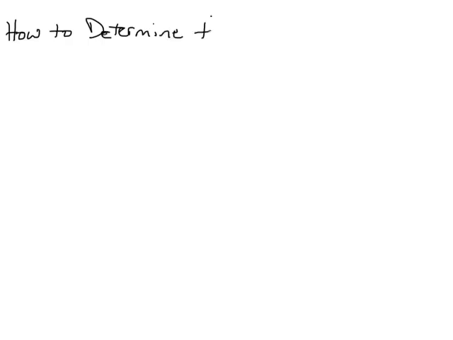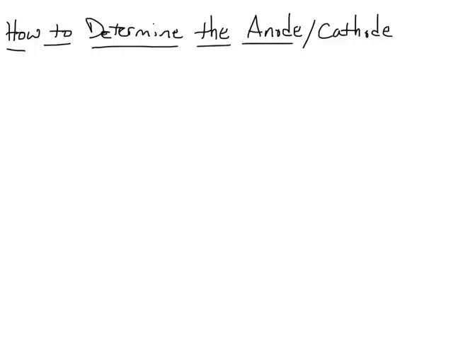How to determine the anode and the cathode. Maybe even already you know that anode is oxidation and cathode is reduction. Well, how do you know what's being oxidized and what's being reduced? So let's figure out how to determine that.